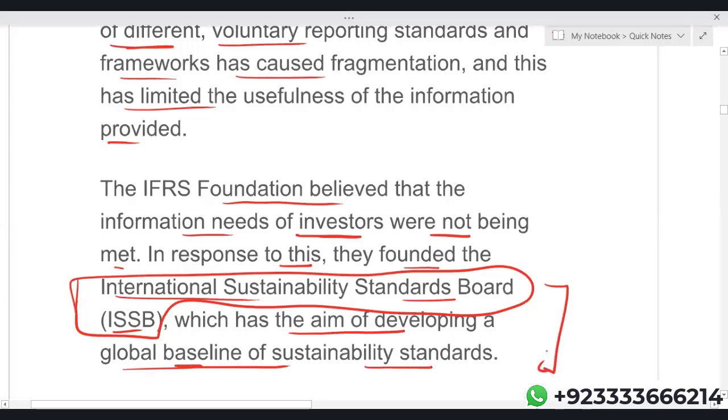Students, look at this. We already have the board for IFRS, and now this one. This sustainability issue is not small. It is so important, so severe, that they made a completely different board.